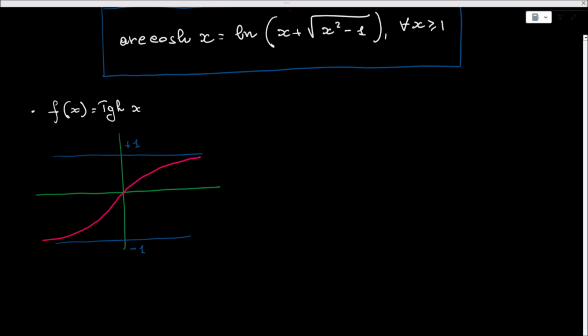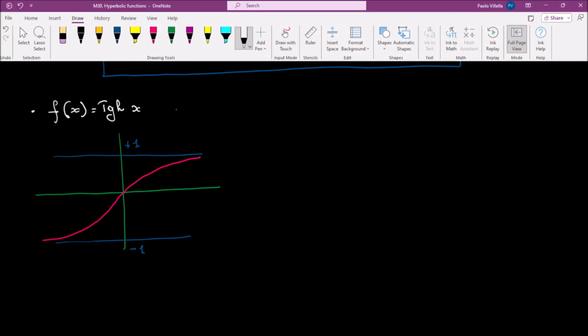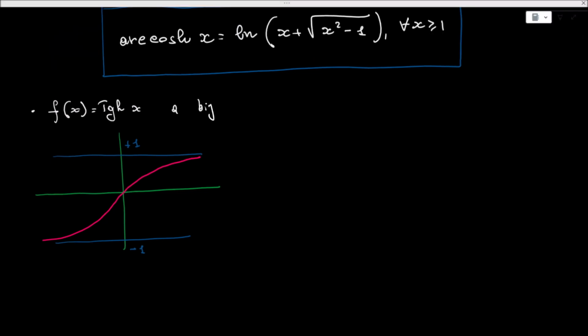So clearly this is a bijection from the entire real line onto minus 1, 1 open. Okay, so we can invert only between these two sets.